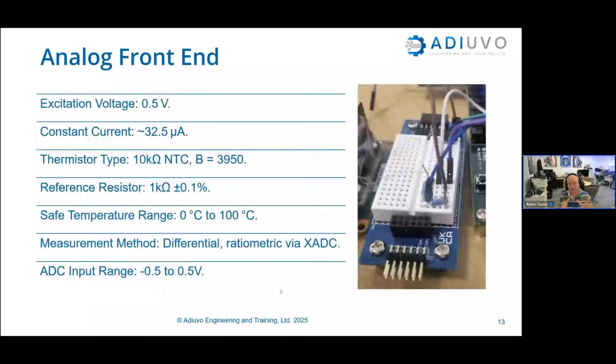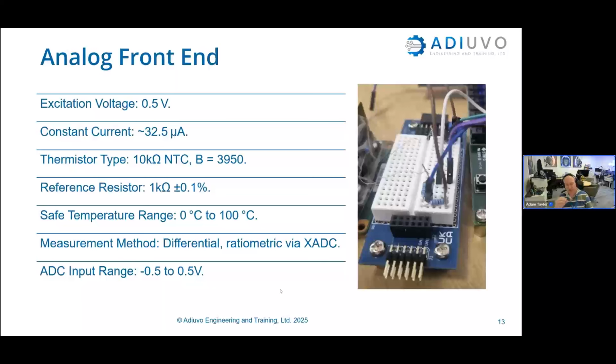So if we take a look, just to summarize what we've got on our analog front end, you can see it's a fairly straightforward and simple solution that we have on a little breadboard, and we just used a breadboard to prototype this and prove out this solution. We have a 0.5 volt excitation voltage. This responds nicely to the voltages that the XADC can support.